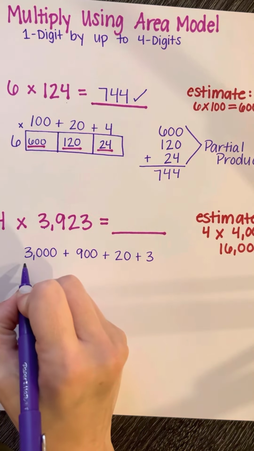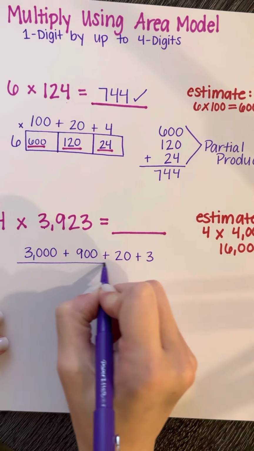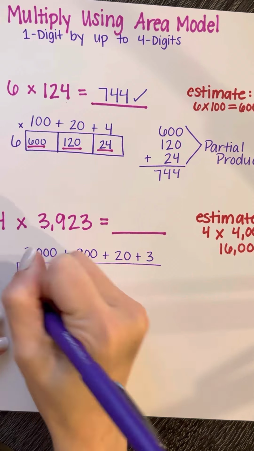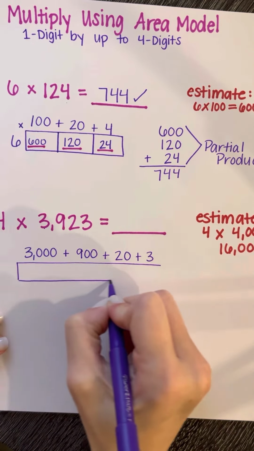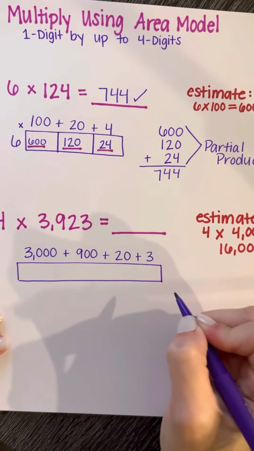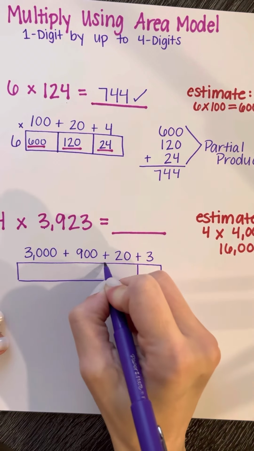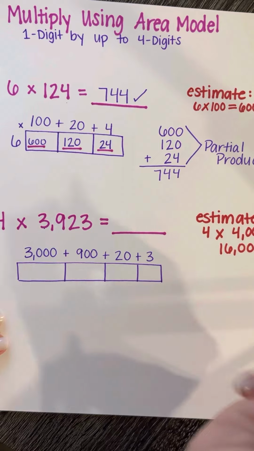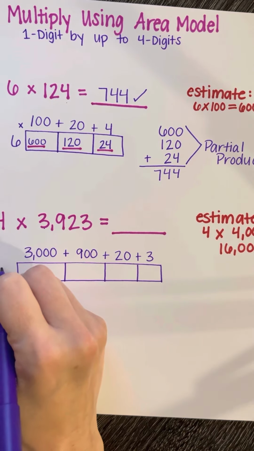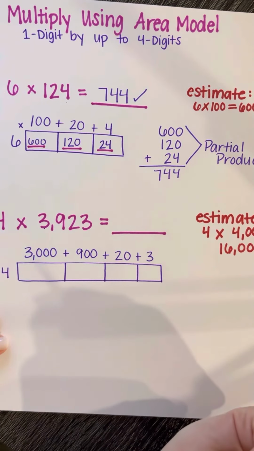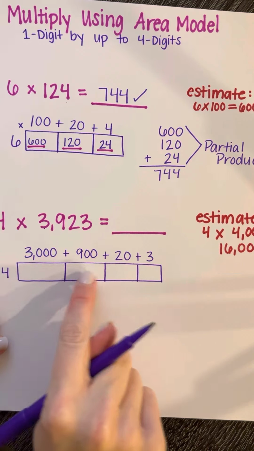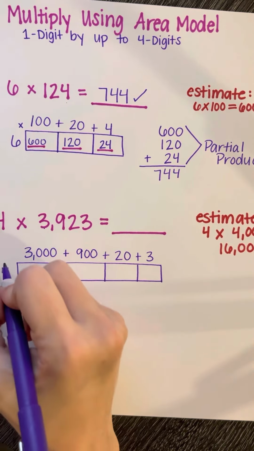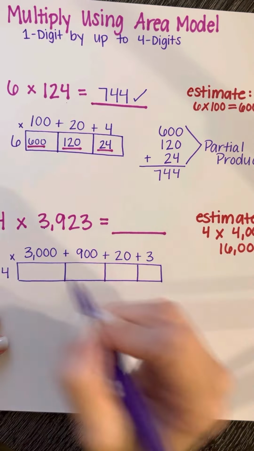Now that that number is expanded, we can go ahead and draw our area model rectangle and section it off every time we see a plus sign. From there, we can fill in our other factor of 4, and we're good to multiply to fill in each one of these partial product boxes.